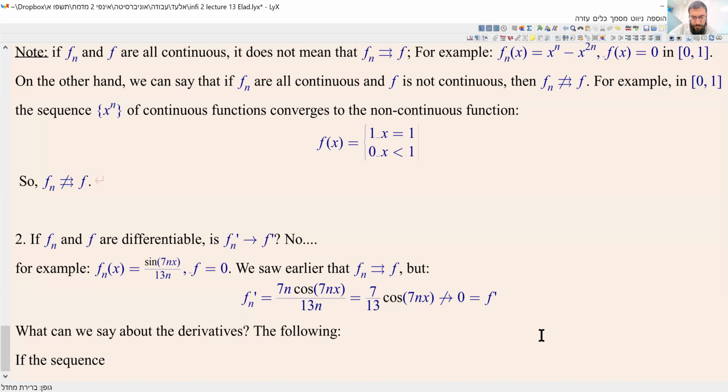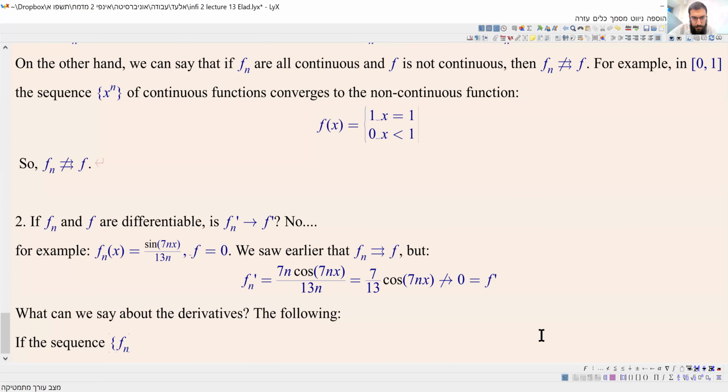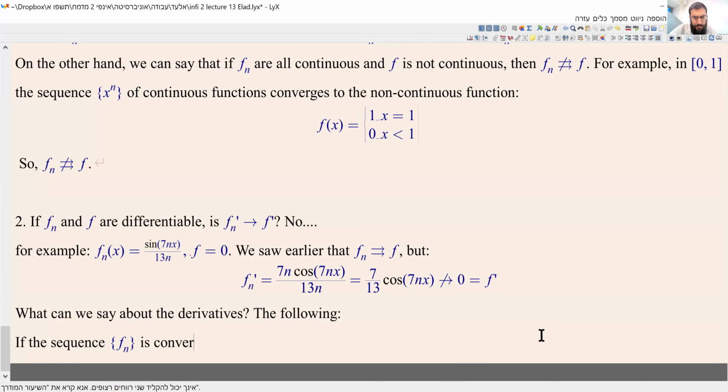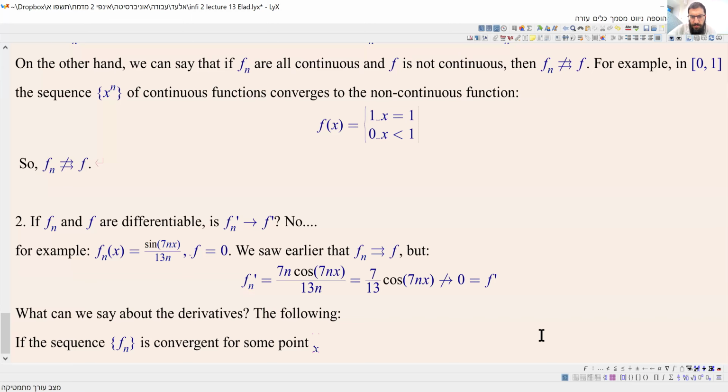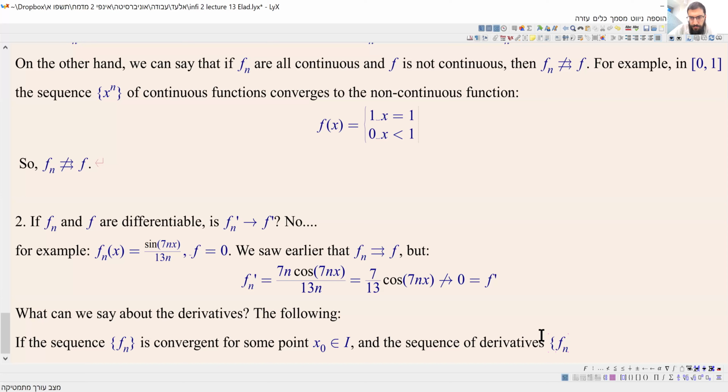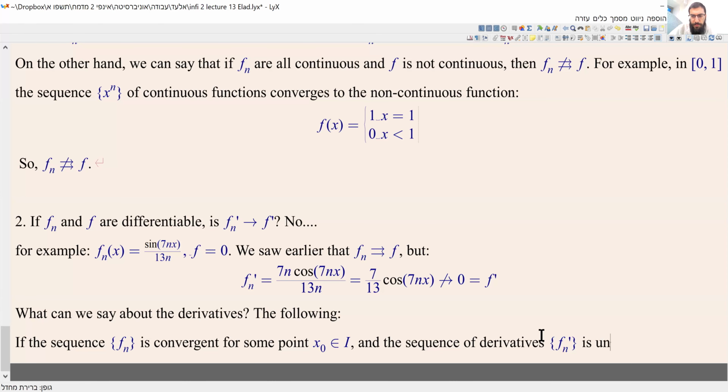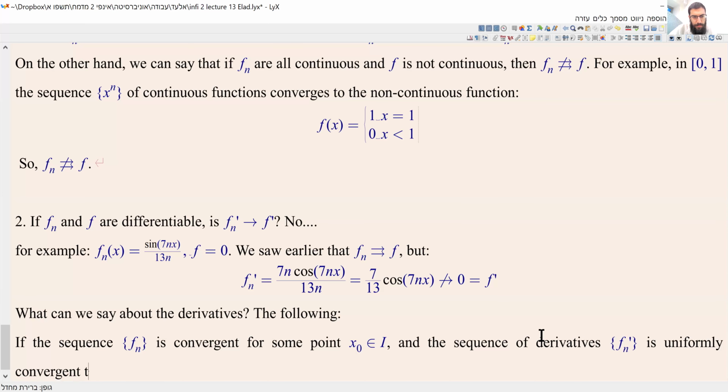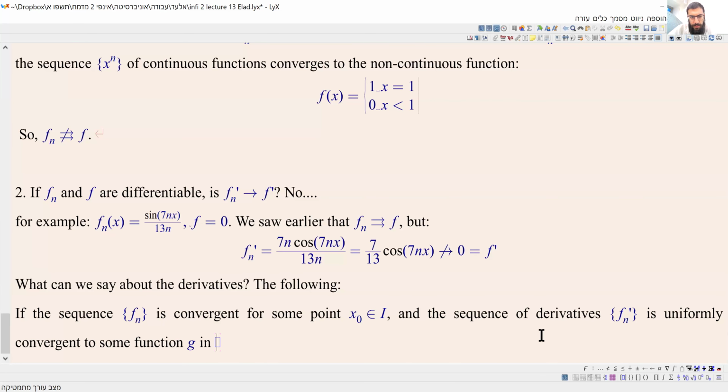So if the sequence fn is convergent at some point, even one point is enough, we know that it's convergent at some point in I, and the sequence of derivatives fn' is uniformly convergent to some function g in I.